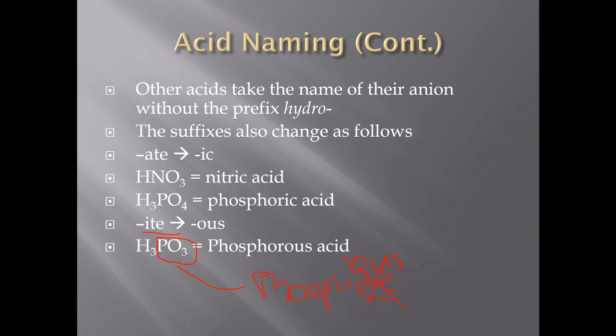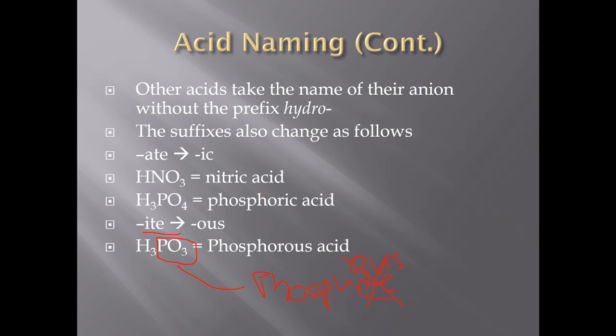Phosphorus acid and phosphoric acid are often used in sodas. If you have a dark colored soda like Coke or Dr Pepper or Mr. Pibb, usually it contains phosphoric acid. So when you're sitting there taking your test and you've got a can of soda in front of you, just flip it around. It'll help you remember some of the stuff. If you have a light colored or clear soda like Sprite, usually it contains citric acid.